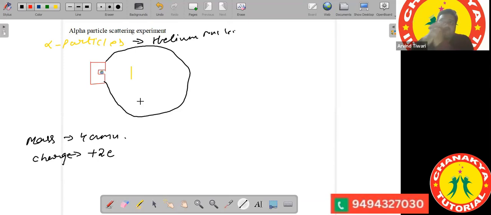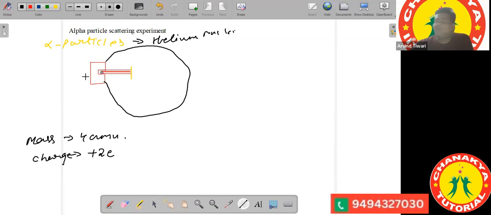And if we assume this gold foil to be made up of J.J. Thomson's model of the atom, just assume that yes, it is the J.J. Thomson model. So suppose I take an alpha particle passing through it like this, another alpha particle passing through it like this. It was expected that all the alpha particles would return back. They would not be able to pass through the gold foil, right?